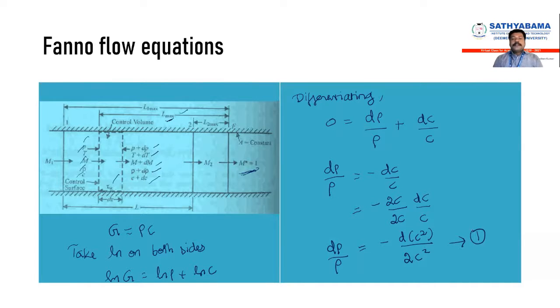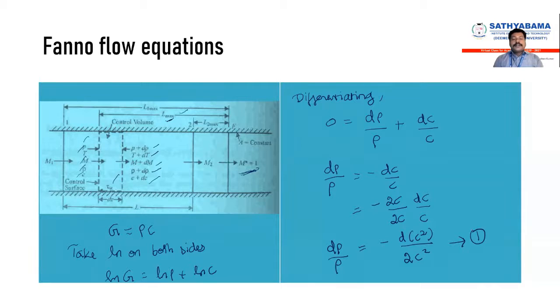That came from the first one, G is equal to rho c, the mass density equation, and you derived this differential function showing how the density varies.